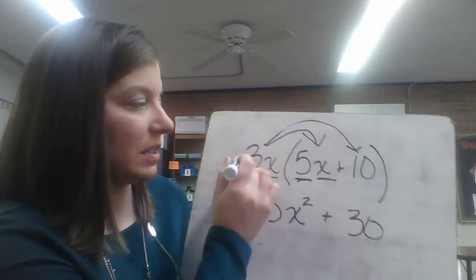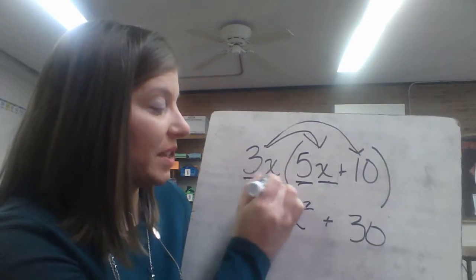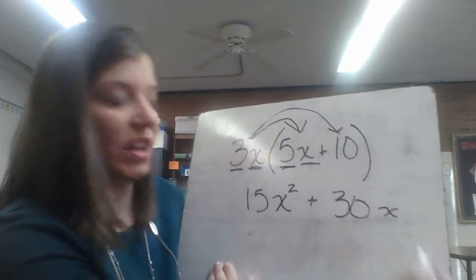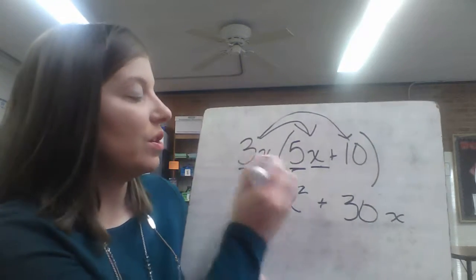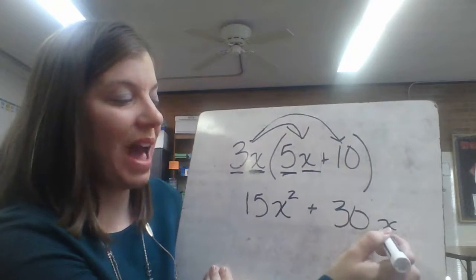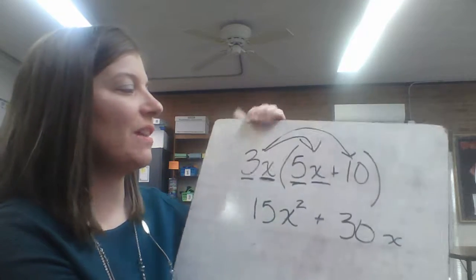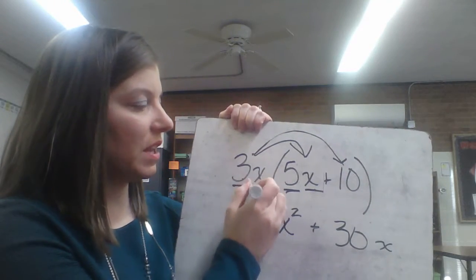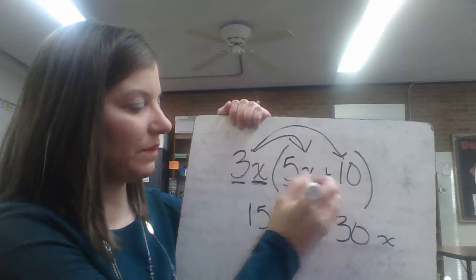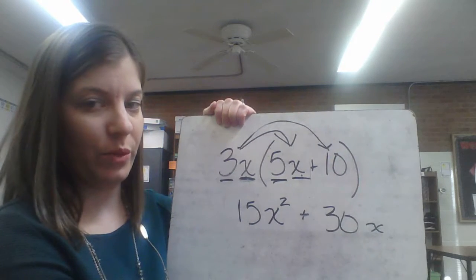This is positive because it's a positive 3 times 10. I have 30 xylophones. If there's an x out here times a plain number, you have to remember to put the x there. When there's a variable out here, variable times a variable is x squared, and a variable times a plain number, you have to put that variable there.